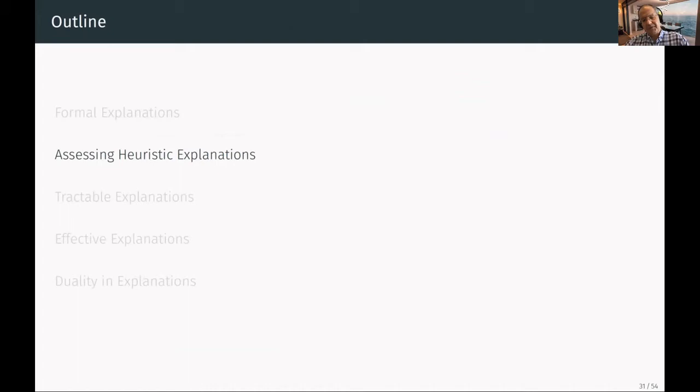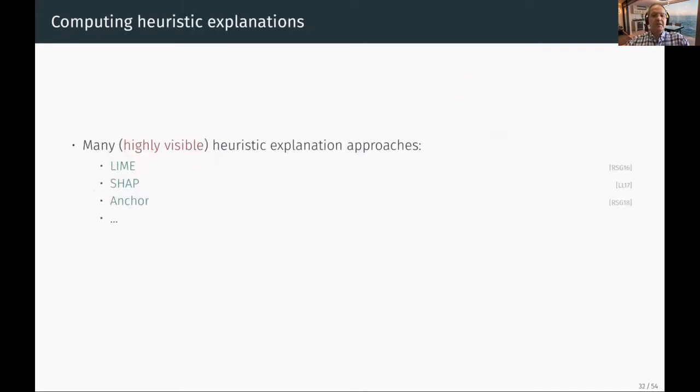So the first thing we did was to evaluate heuristic explainers that have been around and are extremely successful. So there are several. There is Lime, Sharp, Anchor, among a large number of heuristic explainers. And so the question we asked was, okay, are these any good?